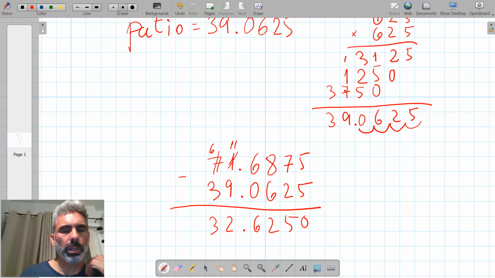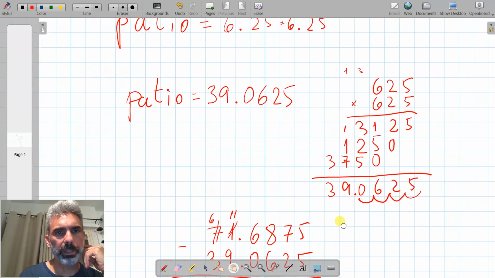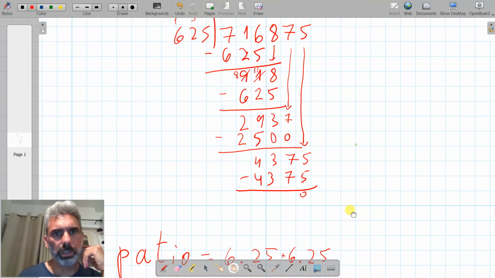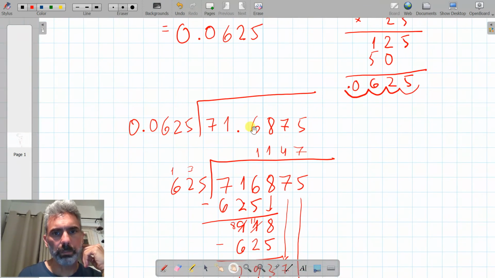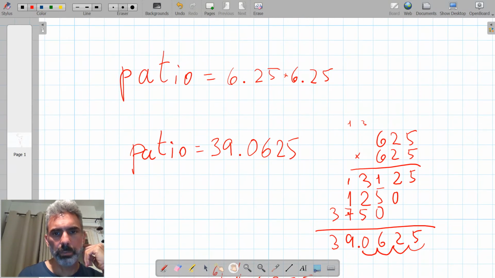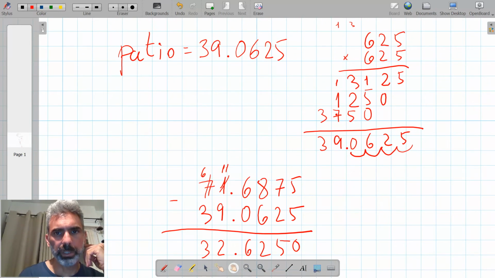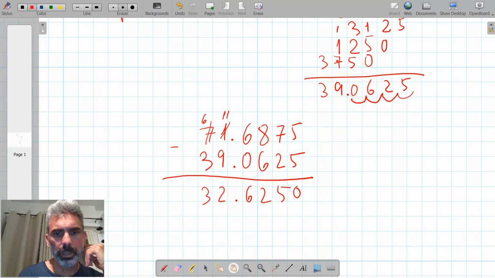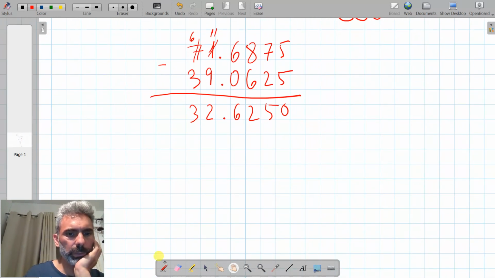So the entire area of the patio plus the extension, which is 71.6875 minus the area of the patio, which is 39.0625, is 32.625.